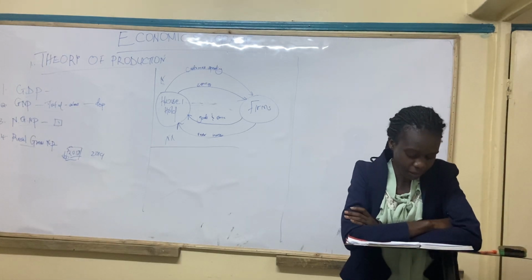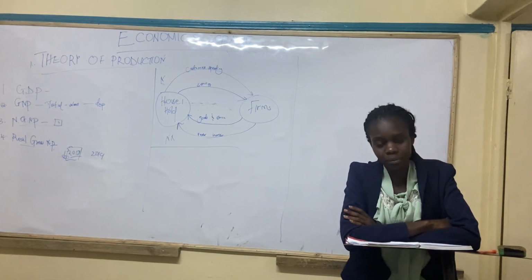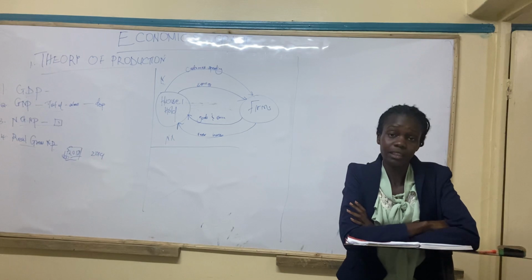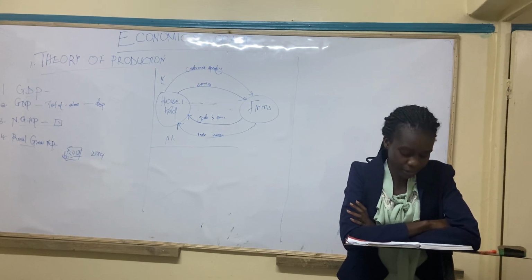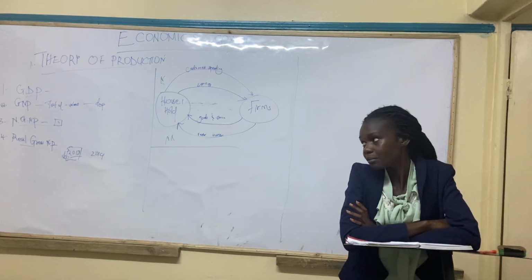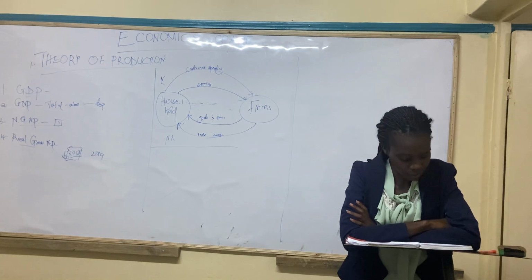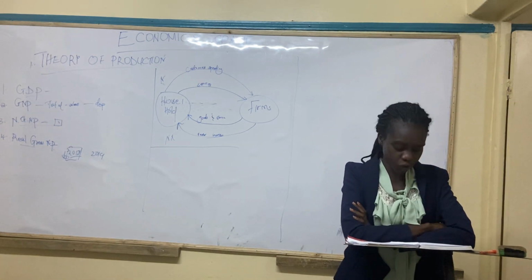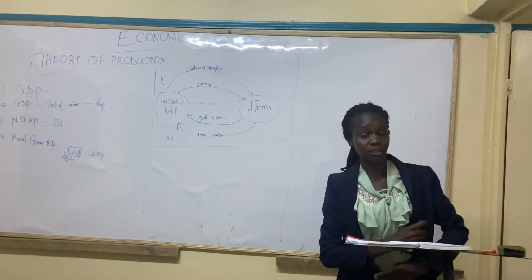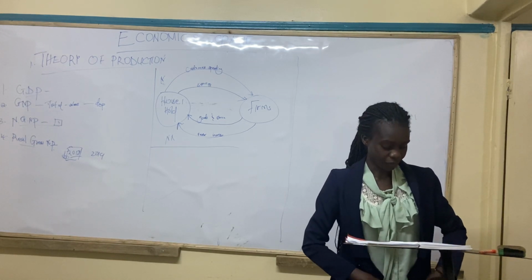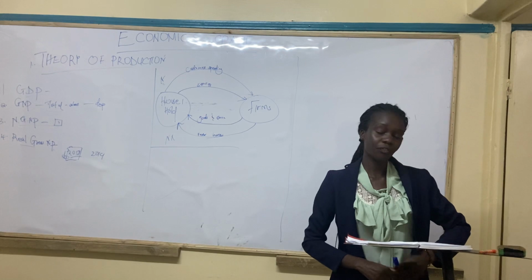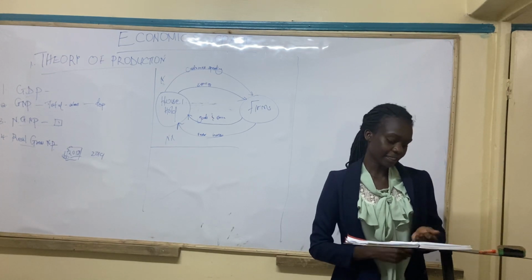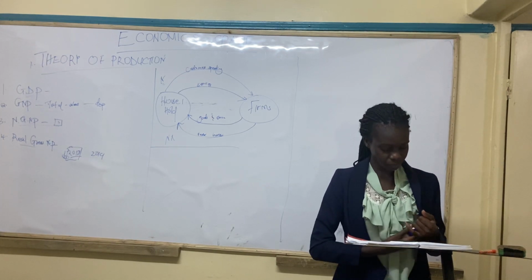The third one is to measure the size of national goods and services available for use. The fourth one is to provide information on the stability of a program of economic activity over time.